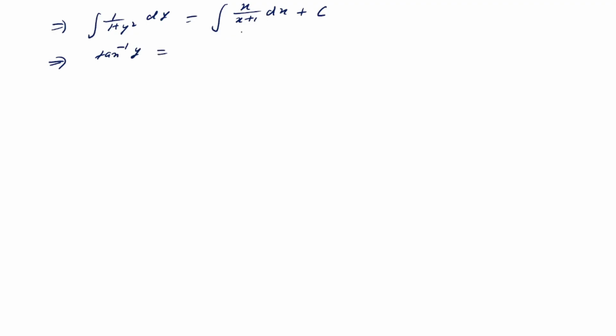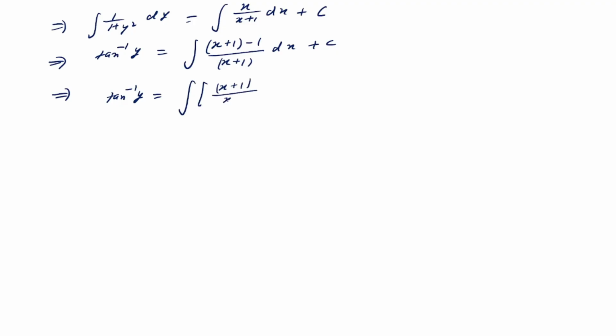You cannot integrate it directly, so break it like that: x plus 1 minus 1, we add 1 and we subtract 1, dx plus constant c. This implies that tan inverse y is equal to integration of (x plus 1) upon (x plus 1) minus 1 upon (x plus 1), and then you have a dx plus constant c.